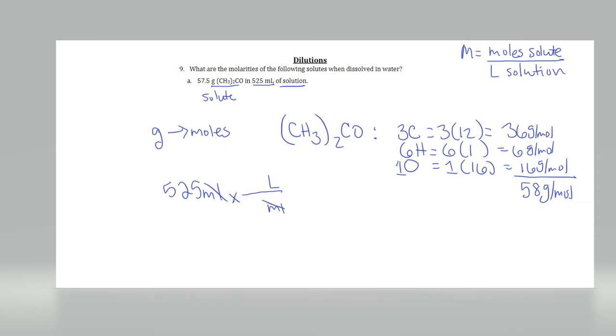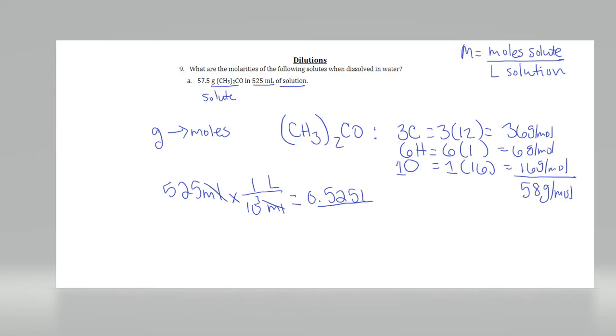Don't forget this conversion: how many milliliters are there in a liter? 10 to the 3, or 1,000, in 1 liter. So this moves the decimal over 3 places: 0.525 liters. That would be your exact denominator.